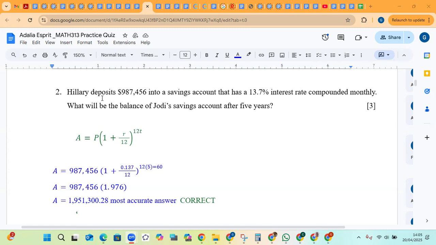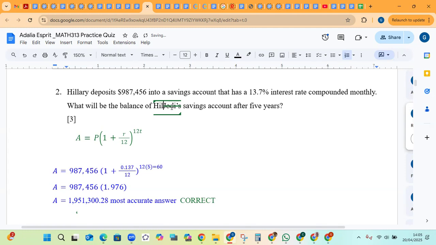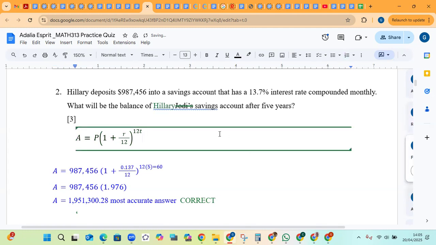What will be the balance of Jody's savings? Well, it's supposed to be Hillary. That's a typo there. Savings account after 5 years.